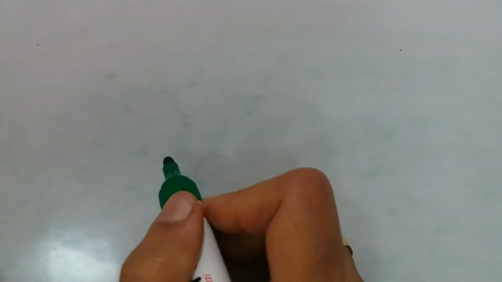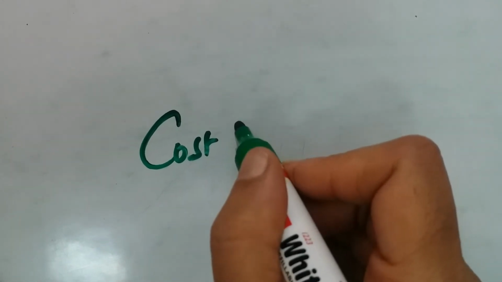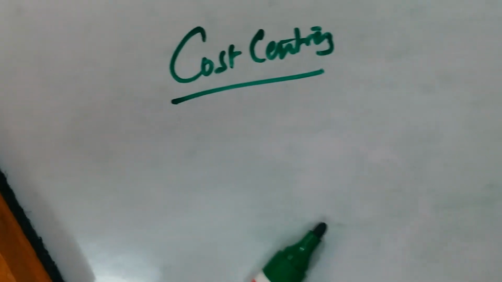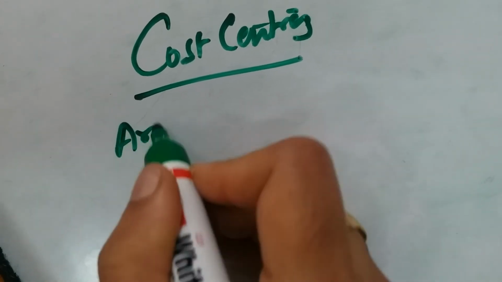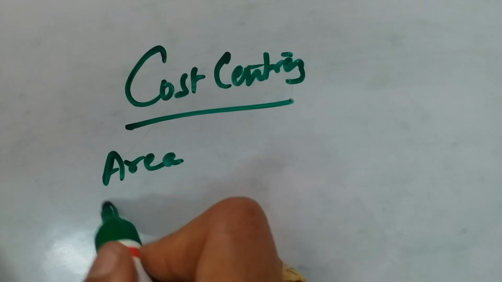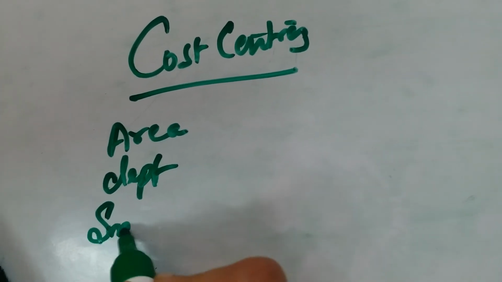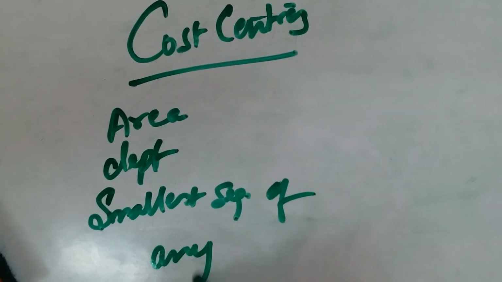Now, after cost unit, we are going to look at where the cost is measured. Cost is measured in a cost center, as I told you earlier. So what is a cost center? A cost center is an area, or we can say a department, or the smallest segment of any activity.